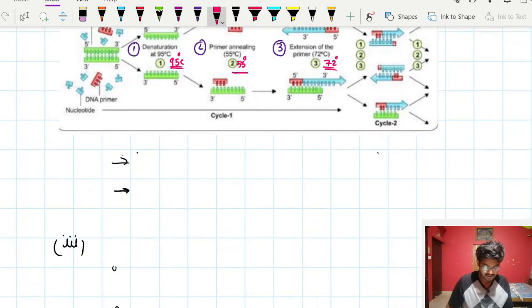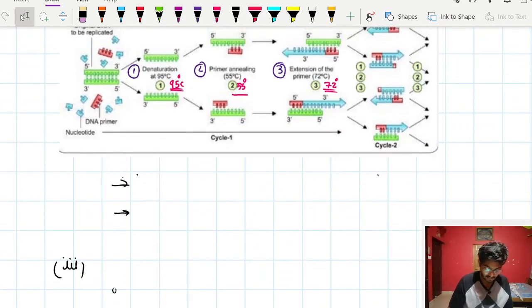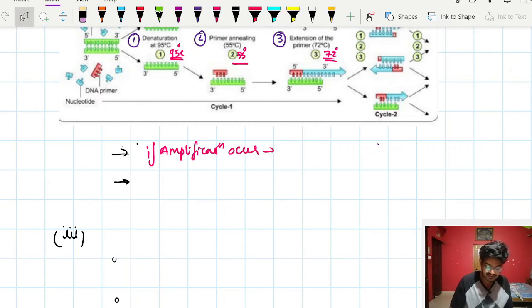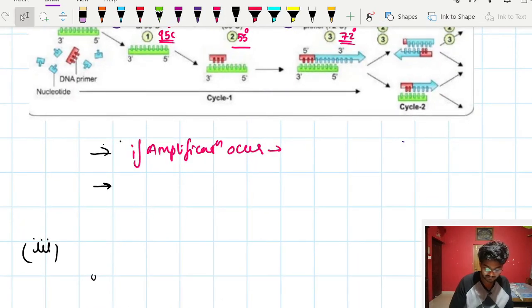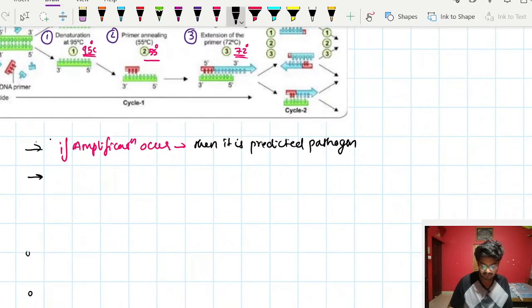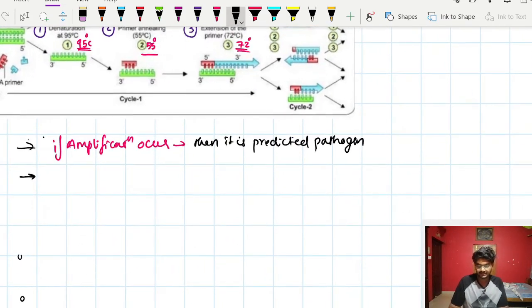So what does it mean if amplification has occurred? That is our predicted pathogen. How can we say that if amplification occurred, then that is the predicted pathogen?